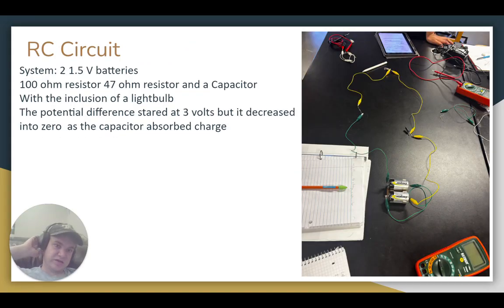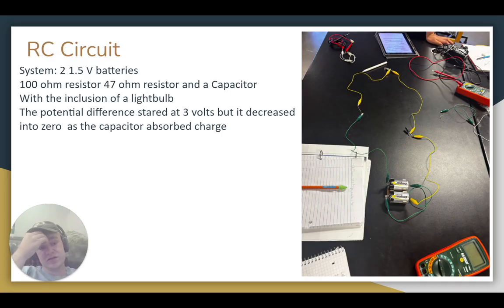A second circuit was the RC resistor-capacitor circuit. Here, we have the same two batteries, the 100 ohm resistor, the light bulb, and the capacitor. As we started this one, we saw the light bulb turn on at full brightness and then dim.